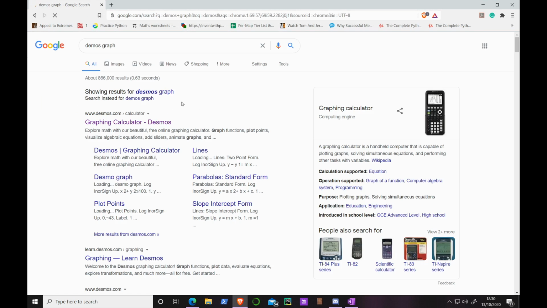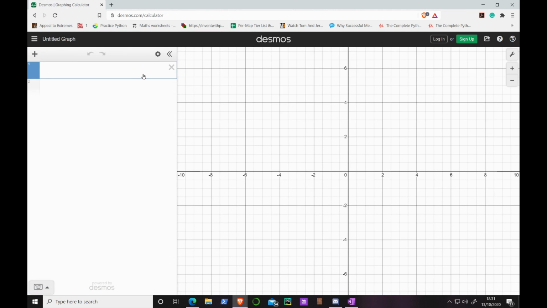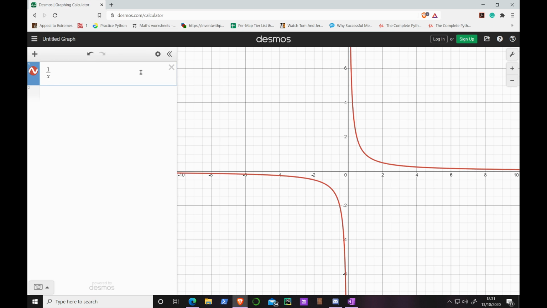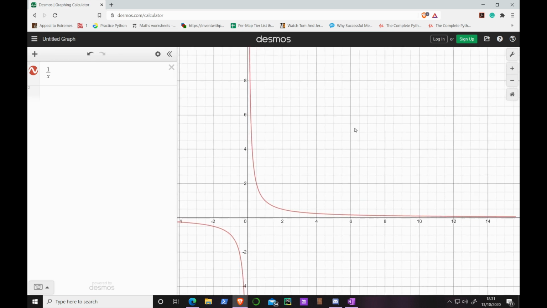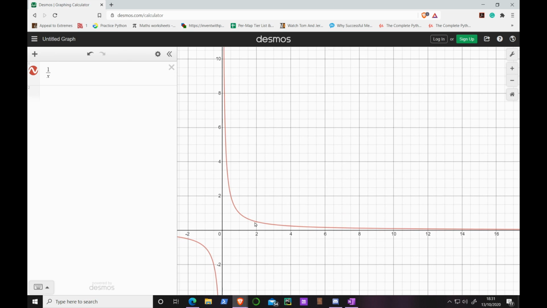I'm going to ask you to find the gradient of this curve, and I want you to find it at the point 2, 0.5.